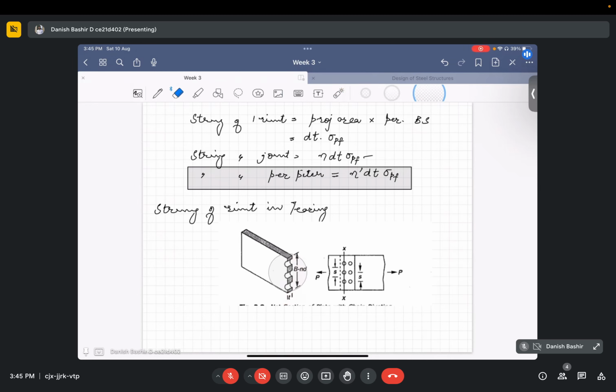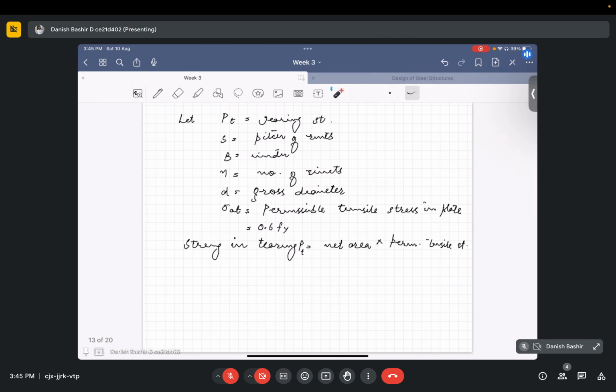This is the area that I am highlighting, B minus ND times thickness, and the permissible tensile strength is sigma AT.